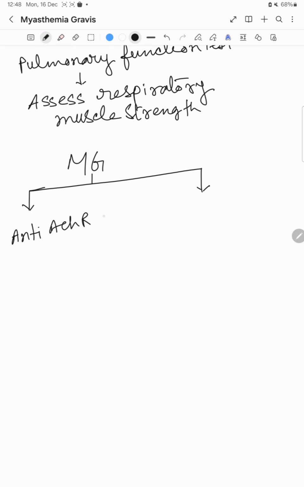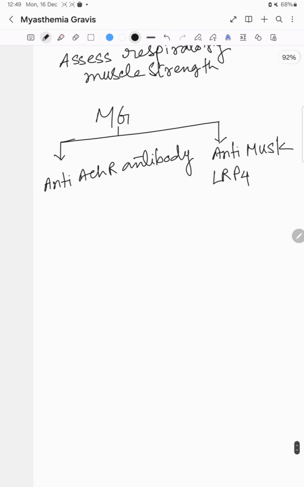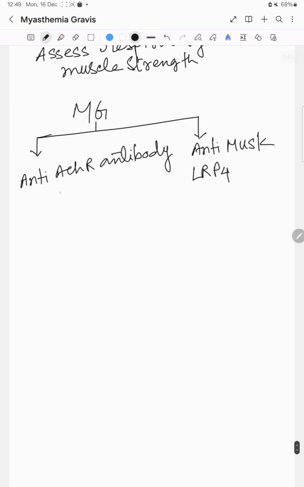Myasthenia gravis develops in two cases: for anti-acetylcholine receptor antibody, and for anti-MuSK antibody and anti-LRP4 antibody. But anti-acetylcholine receptor antibody affects the thymus.